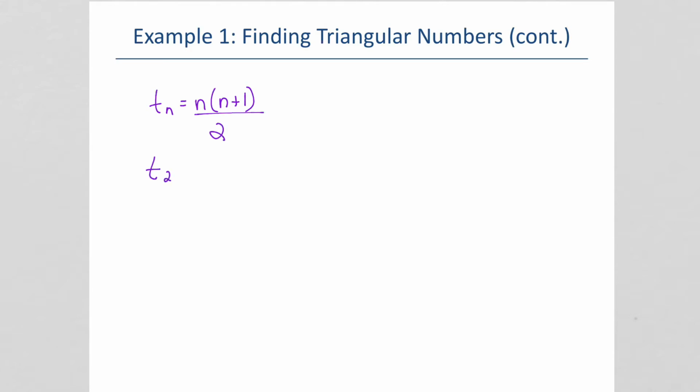So T sub 27 would be 27, this is the 27th number, times 27 plus 1 divided by 2, or 378. That's the 27th triangular number. There'd be 378 dots making that triangle.